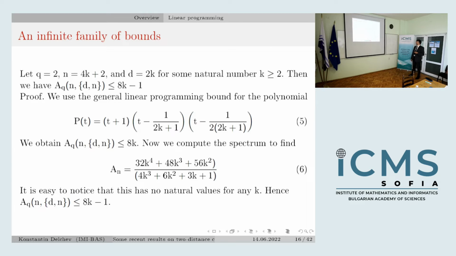So we obtain AQ less than 8K when we do all the calculations, but when we check the distance distribution or the spectrum, then we arrive to this, and it's not that difficult to see that for no value of k, this is a whole number, so we go to 8k minus 1.